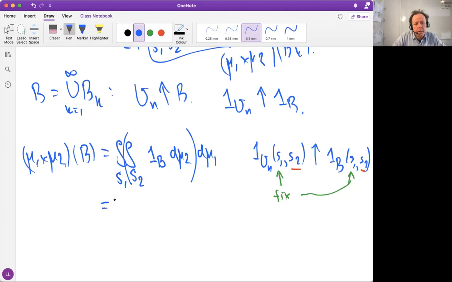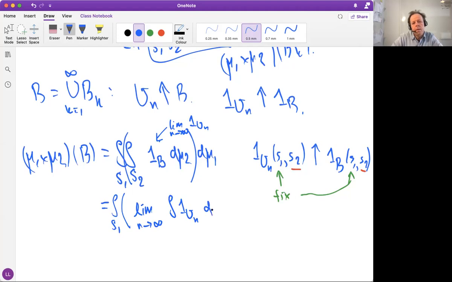That's why what we have here is a pointwise increasing limit of the functions indicator U_n in terms of the variable s2. We bring the limit outside of this integral. So we take the limit there, and we have the integral there of this U_n integrated with mu2, and then the outer integral.